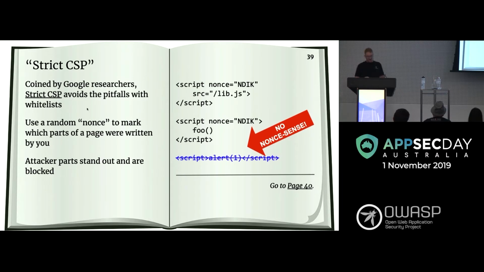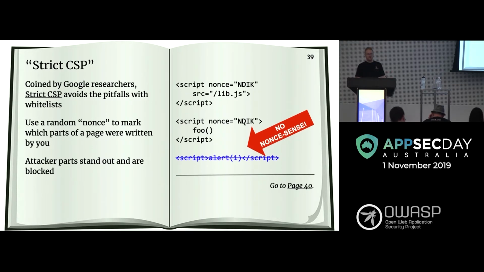Instead of using a whitelist, I use something called a nonce. A nonce is basically just a random string that the attacker doesn't know. Anytime you put a script in your page, you put the secret string in the script tag. The attacker won't know what it is.